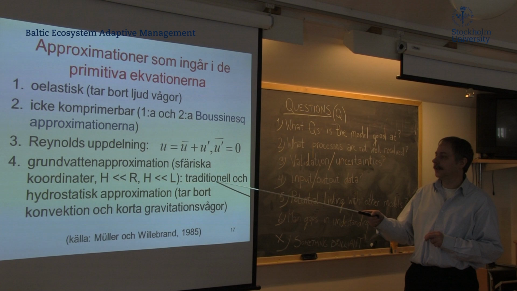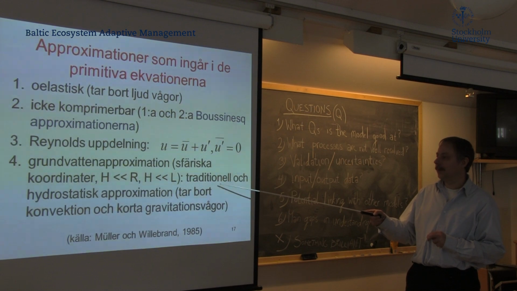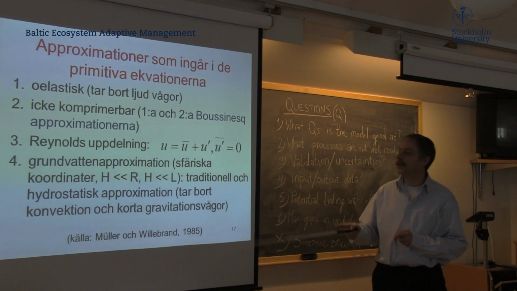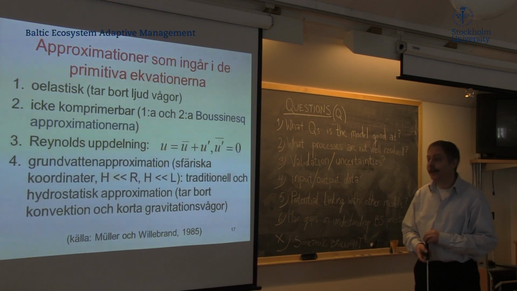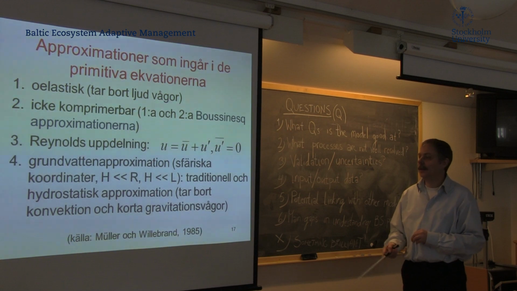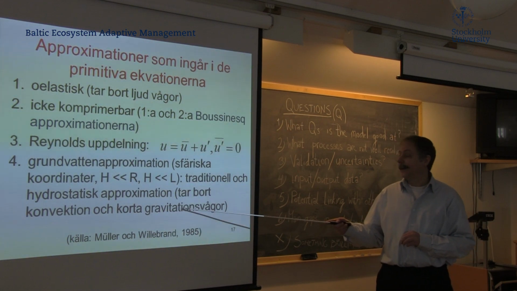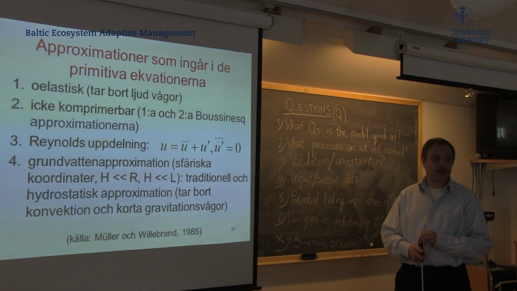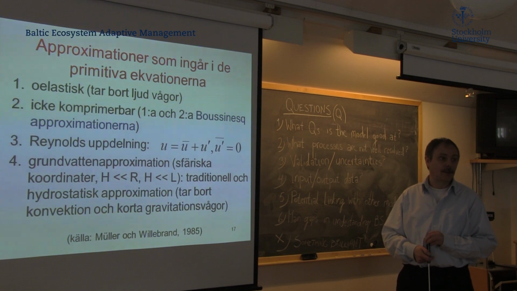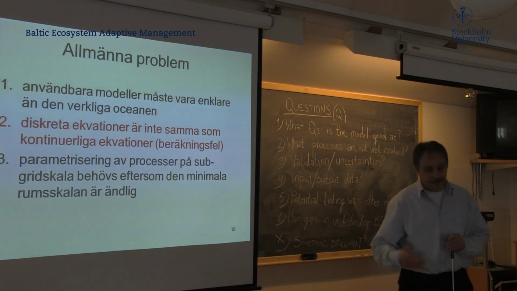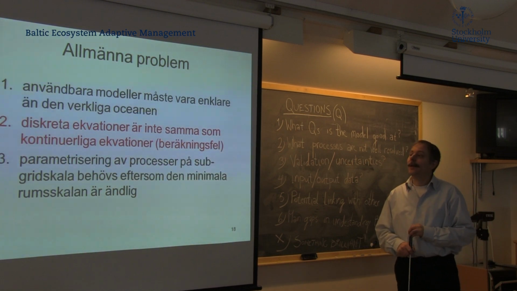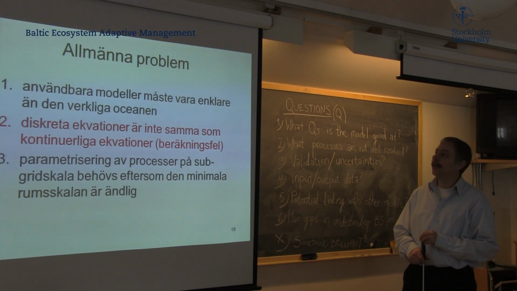And here is something, well, it's also sometimes called the traditional or hydrostatic approximation, and that means that convection, for instance, in the ocean, and short gravitational waves are removed. But they are important, for instance, for deep water mixing, for the deep water circulation. So they need to be somehow included afterwards.